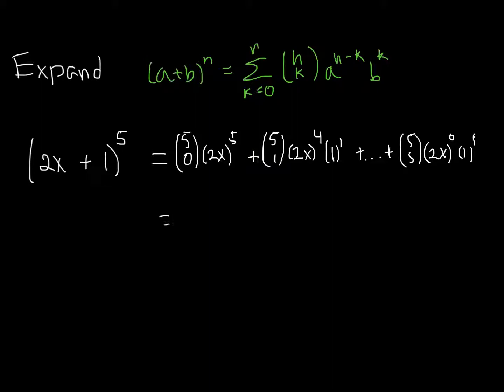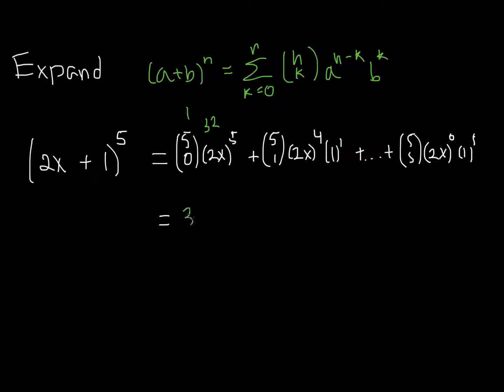When I keep going, I'm going to simplify by deciding what the numbers 5 choose 0, 5 choose 1 are. Here I can take the 1 as well and multiply it through. So I'll do a couple here. 5 choose 0 is 1, and 2 to the 5th power is 32.